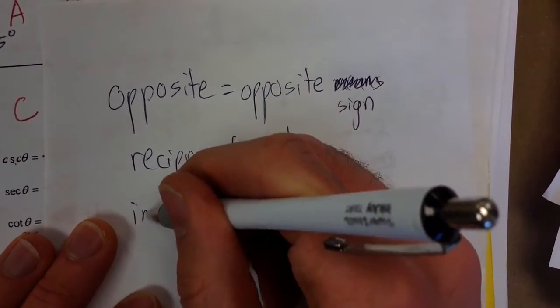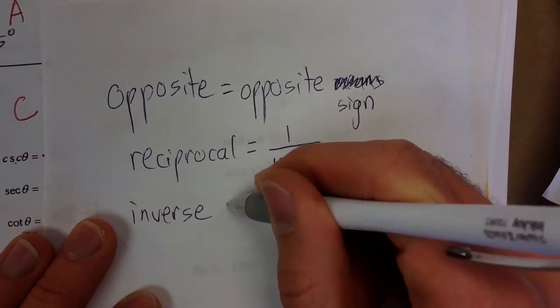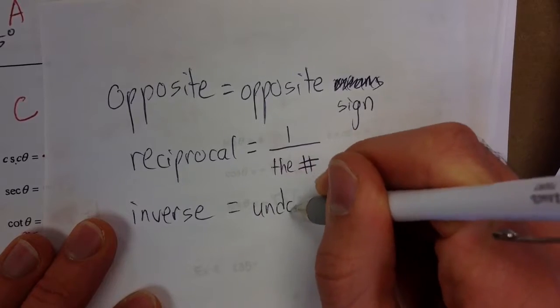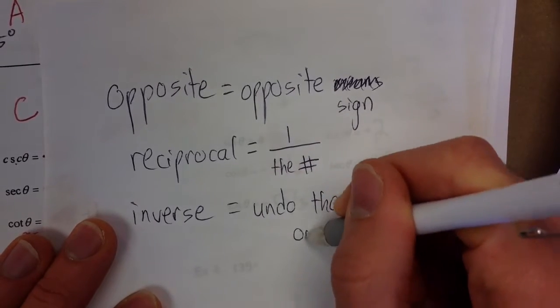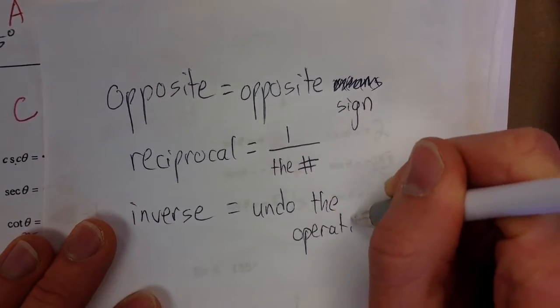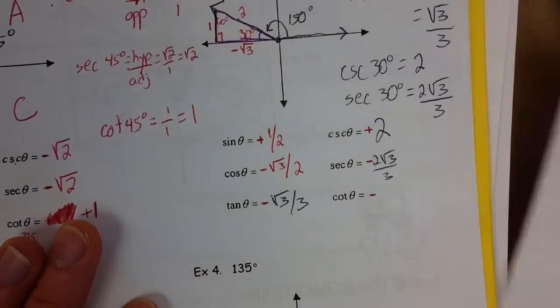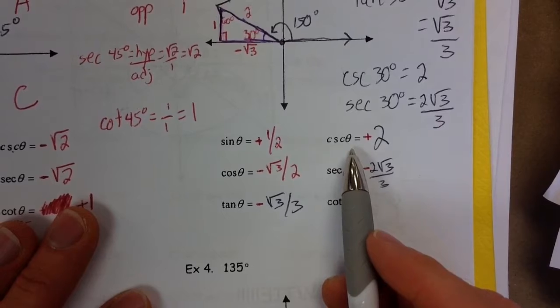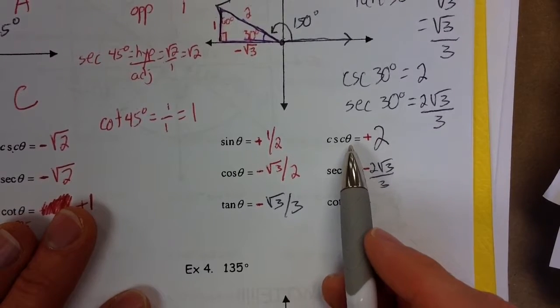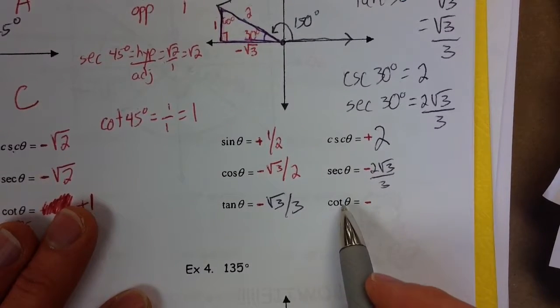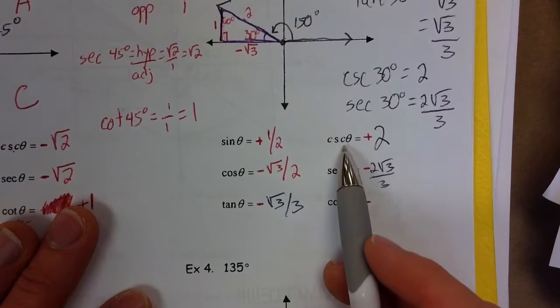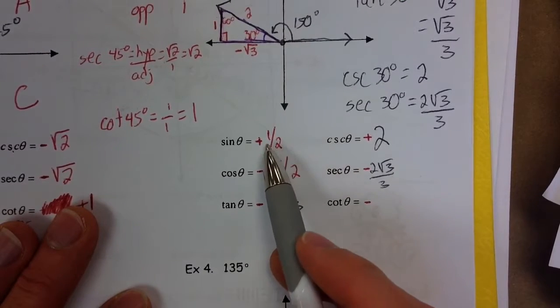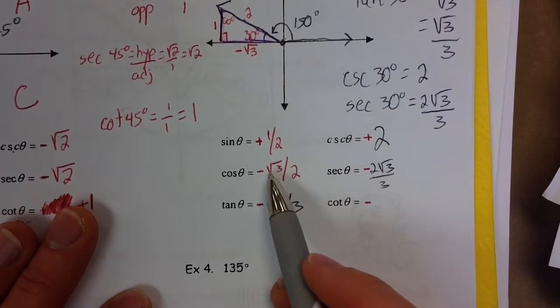And then inverse means undo the operation. So back to your question. You can absolutely use your knowledge of reciprocals to find cosecant, secant, and cotangent. You're right. To find cosecant, for example, you just flip sine's fraction. To find secant, you can just flip cosine's fraction.